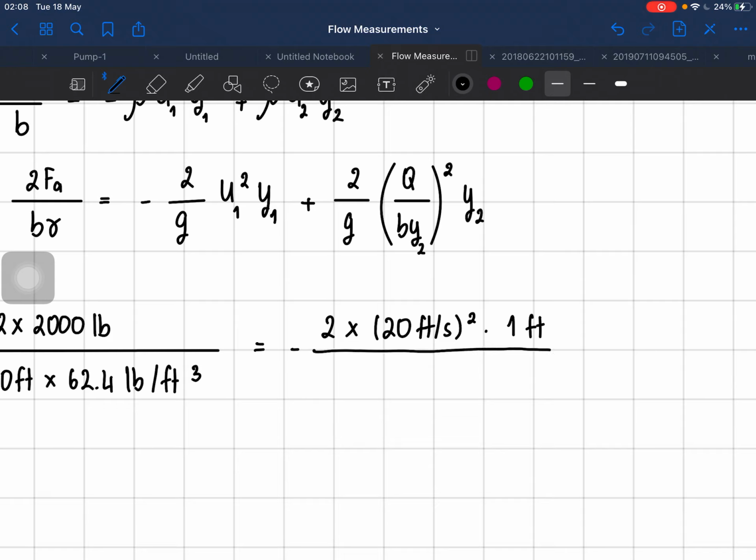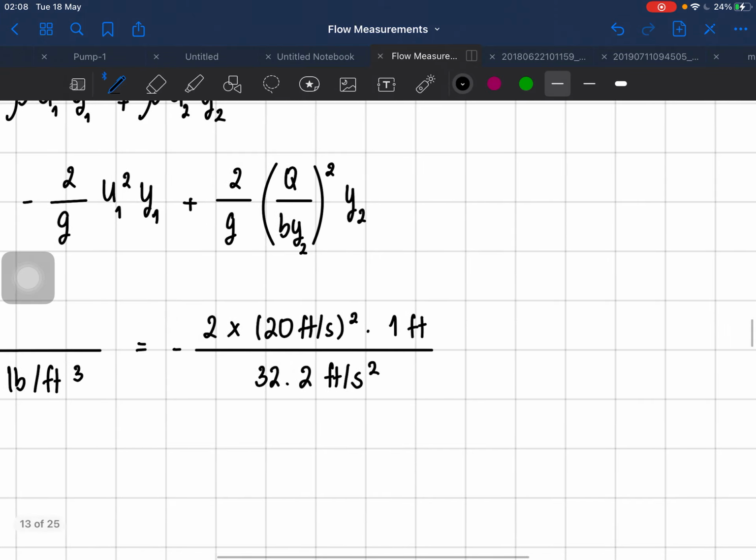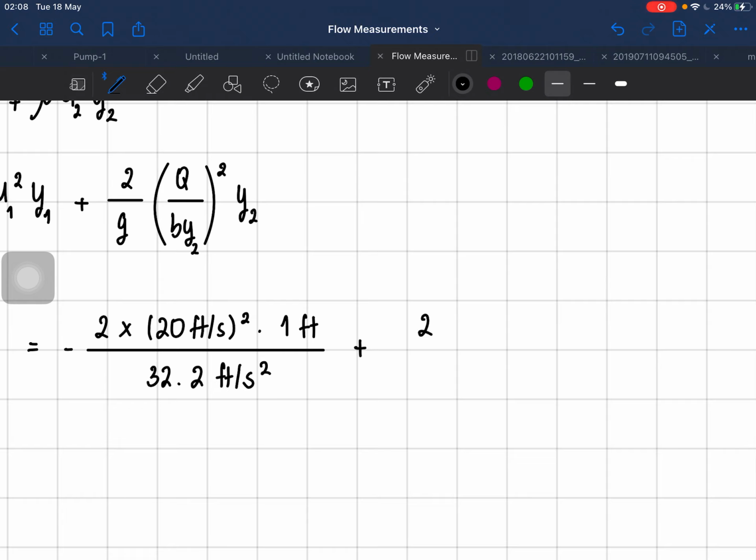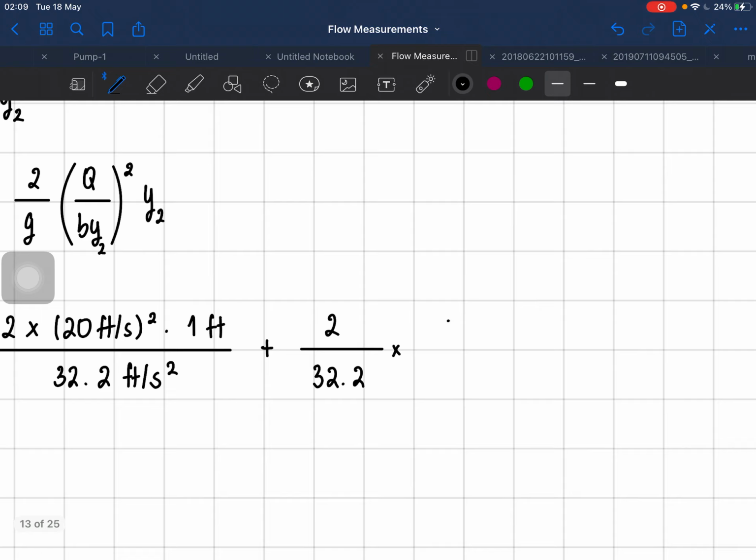So now we can find the velocity. And after that we can write g, which is the gravity, 32.2 feet per second square, plus 2g, which is 32.2, it stays the same, times Q that we know earlier is 200 CFS over 32, B is 10 feet, times, okay, y2 here we don't know, but this is supposed to be squared, right?